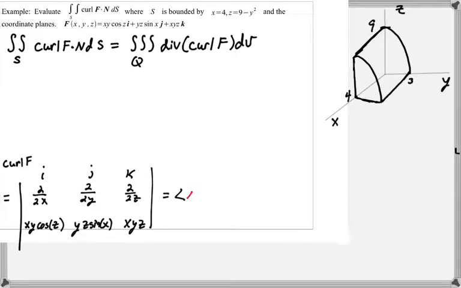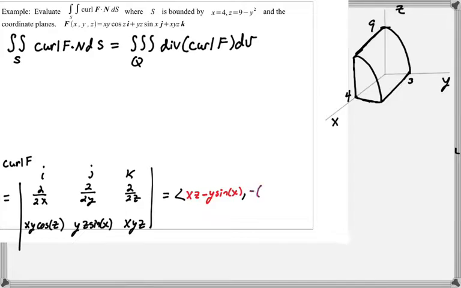Okay, so cover up the i column, and partial derivative of xyz with respect to y will be xz, and then the partial derivative of yz sine of x will be y sine of x. It's xz minus y sine of x.